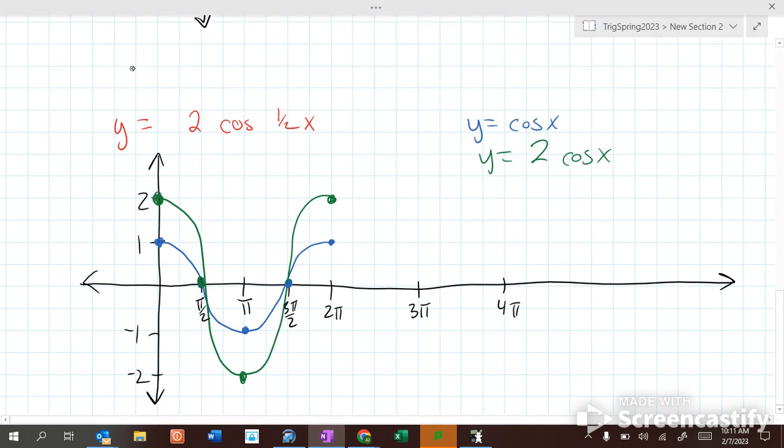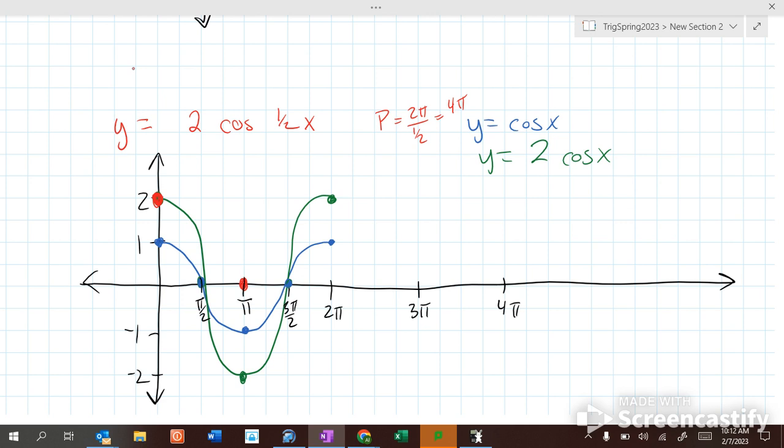And now we're going to do the stretch, because my period is going to be 2 pi divided by 1/2, or 4 pi. So I've got to stretch everything out twice as much. The first green dot doesn't move, because 2 times 0 is still 0. But this green dot goes twice as far away. Instead of being 2 over, it's 4 over.